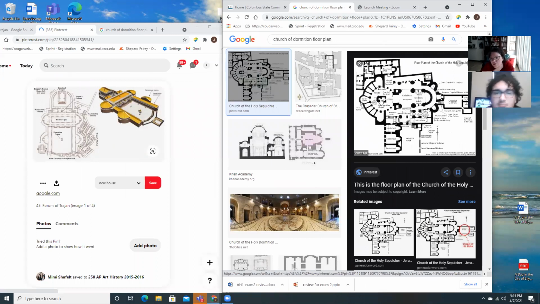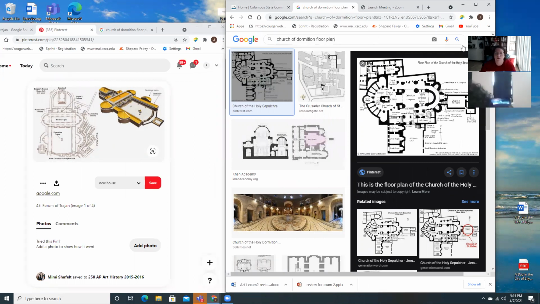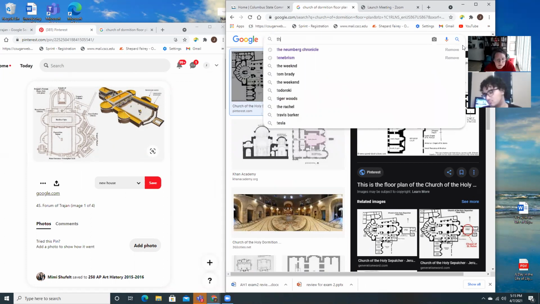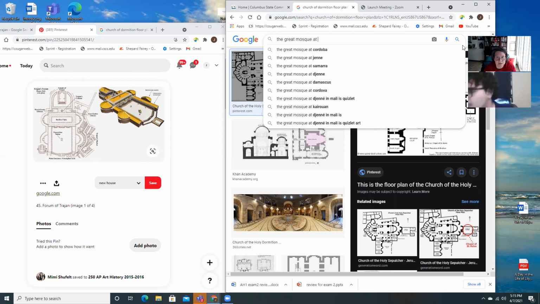So you've got the nave. I don't see a courtyard. This wouldn't be one I'd use. Let's try. You can do it with just about any building that has Roman influence.